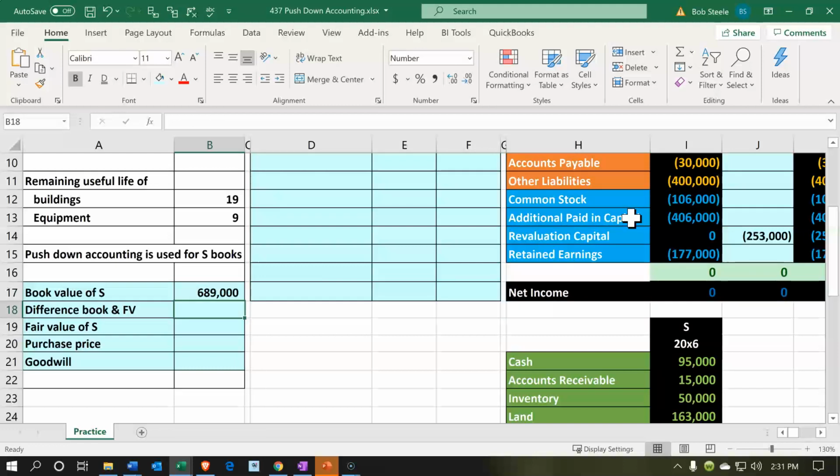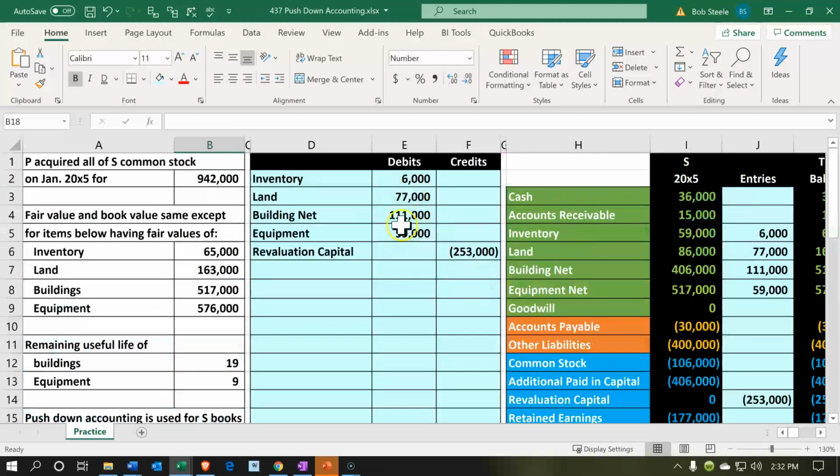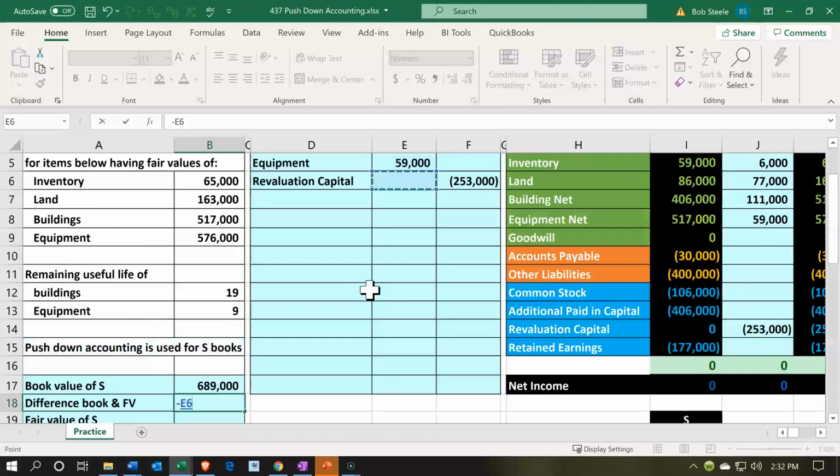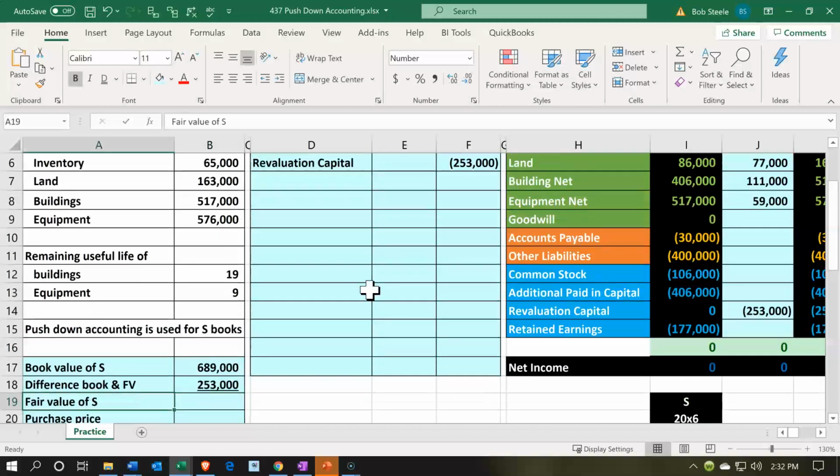So that's going to be the book value. Then there's the difference between the book and the fair value of certain assets, which are these three, or four. We figured out what the difference was. It's that 253. So I'm going to say negative of that 253, and that would be the fair value of S.